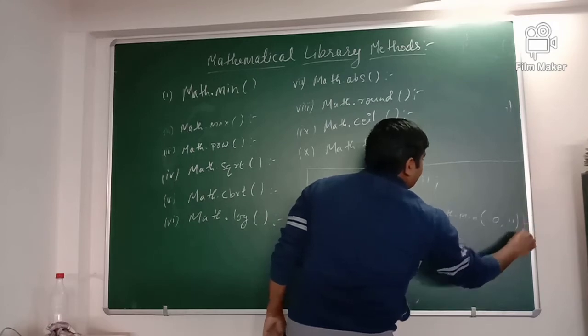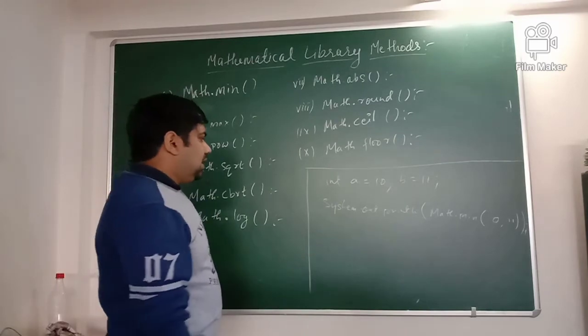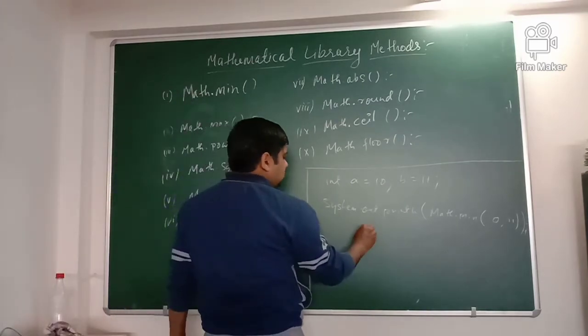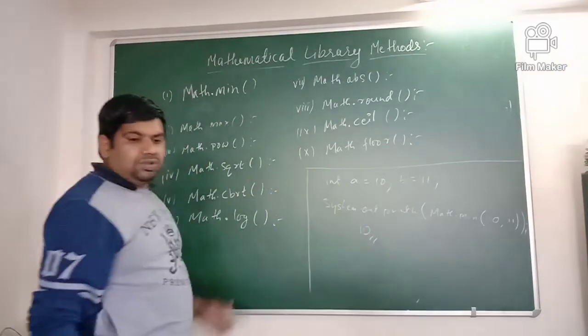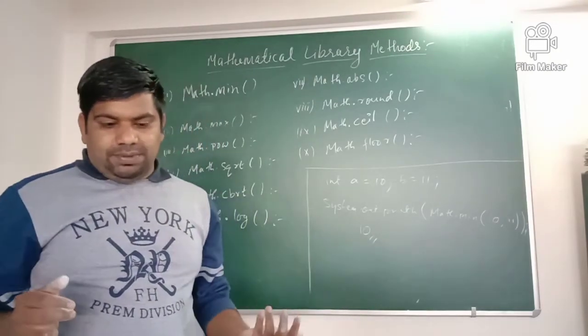Among these two, 10 is the minimum number, so the output will be 10. This way we can differentiate between the two numbers.